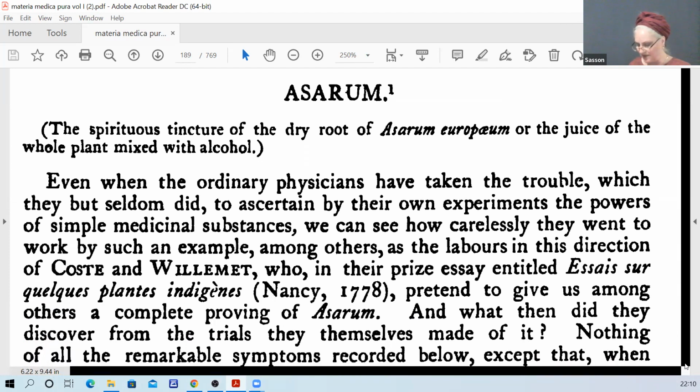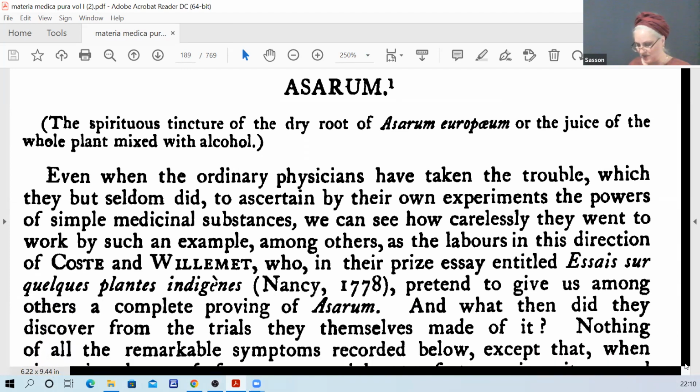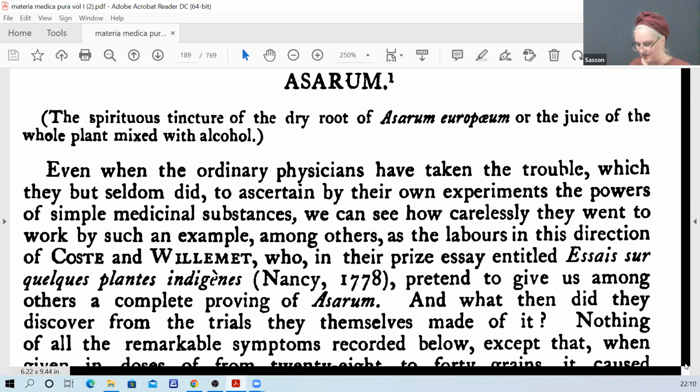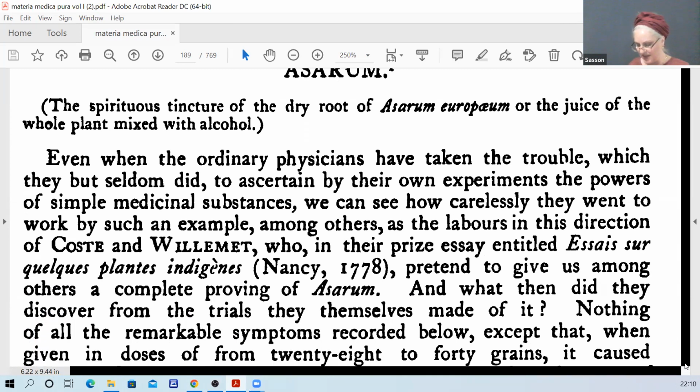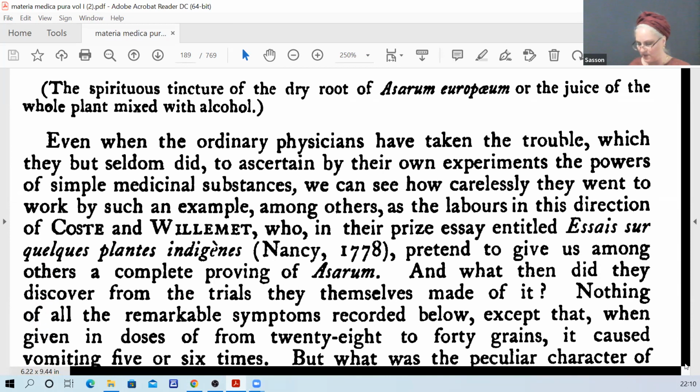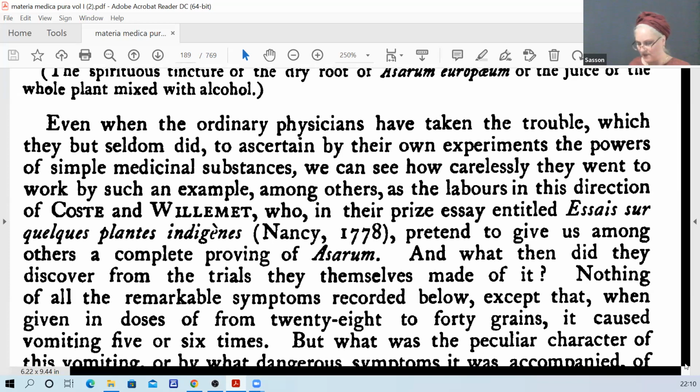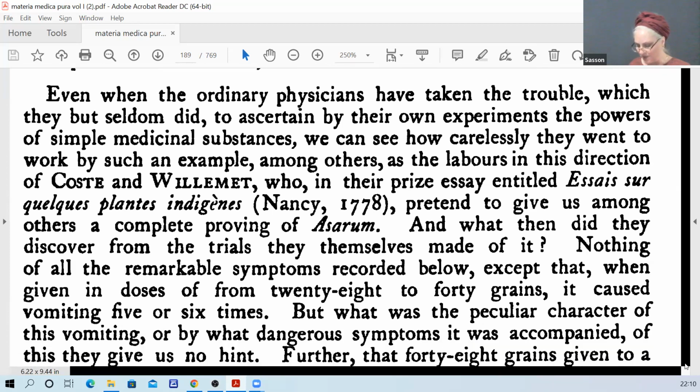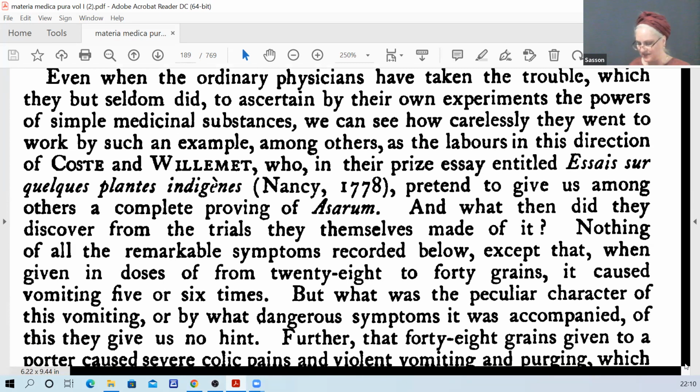And what then did they discover from the trials they themselves made of it? Nothing at all of the remarkable symptoms recorded below, except that when given in doses of from 28 to 40 grains, it caused vomiting 5 or 6 times.